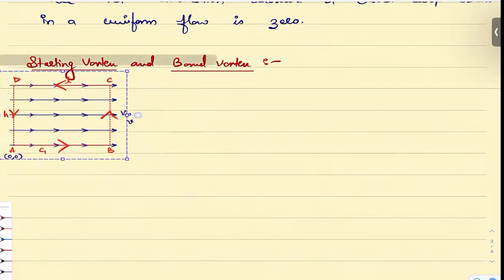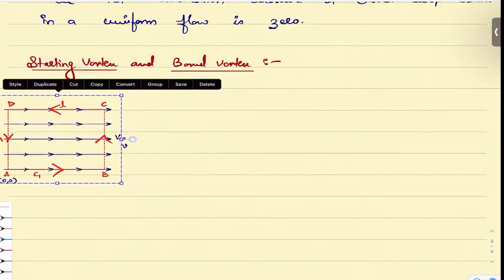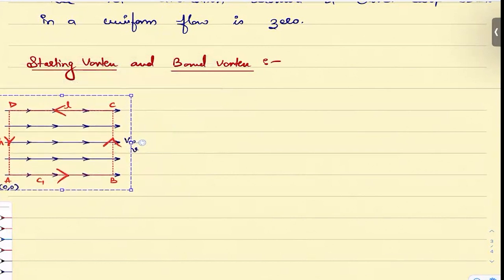Let's say we have a uniform flow coming like this, with a velocity V infinity. Draw this, everybody. What's the value of gamma around this? 0.